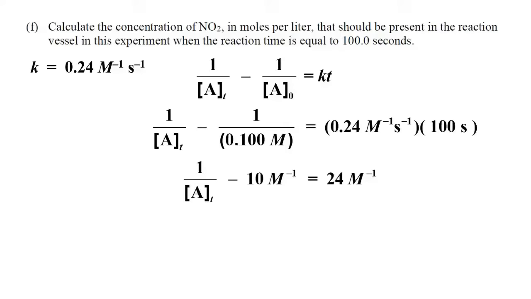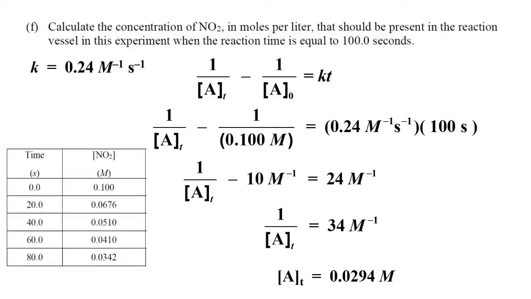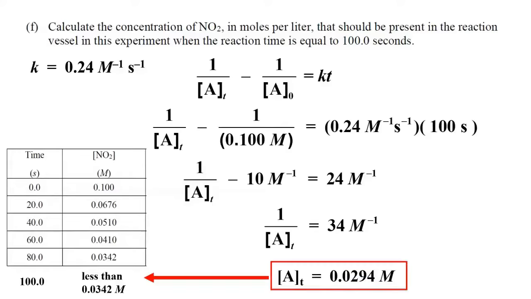And when I do this math, I end up with a value of 0.0294 moles per liter. And that value does make sense to me because after 100 seconds, the concentration of NO2 should be a value less than 0.0342. In other words, it would decrease after 80 seconds. So at 100 seconds, it should be less than that. So that number does seem reasonable to me.